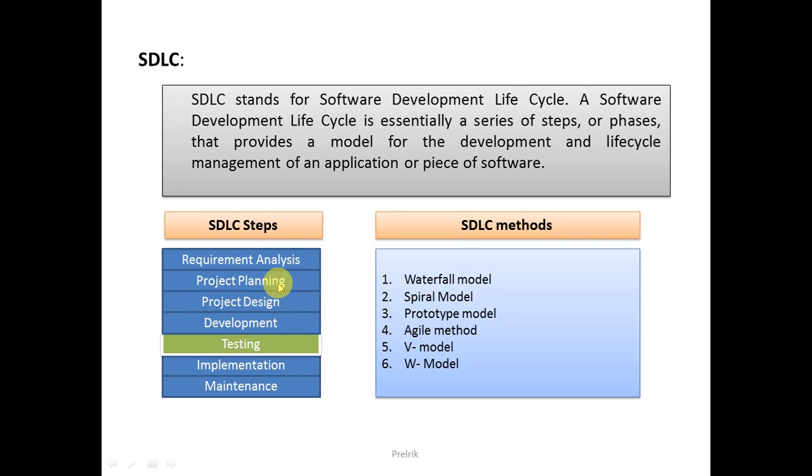Project planning is something like what is the budget of the project, how many resources do we have, and what are the risks that can occur during the SDLC phases. So these things will be planned in the project planning phase. And project designing includes the preparation of a flow chart, showing how your system requirement will flow, and how the system and branches will interact with each other.